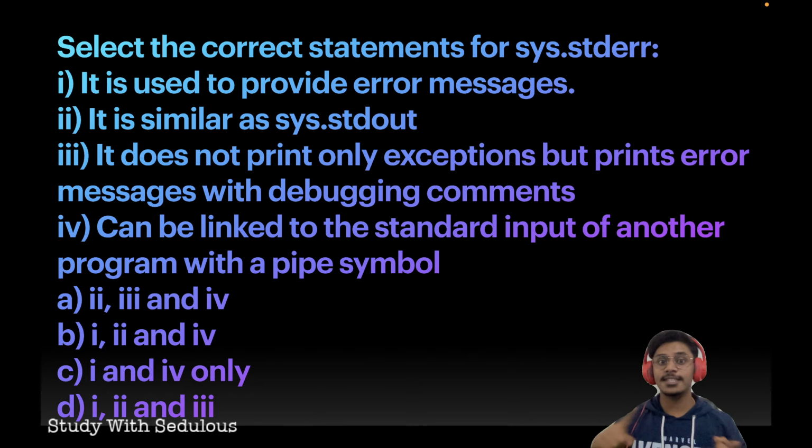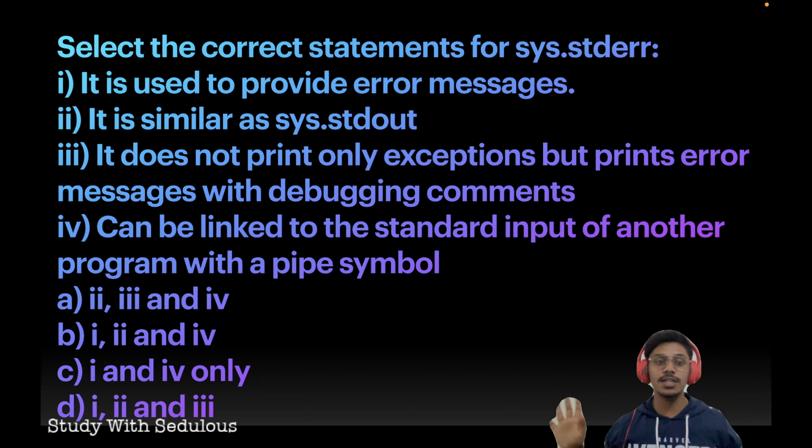It is similar to sys.stdout. Option 3, it does not print only exceptions but prints error messages with debugging comments. D for debugging and ERR for error, so that could be a possible option. So 1 and 3 are there. Then option 4, can be linked to the standard input of another program with a pipe symbol. We don't know. So 1 and 2 are for sure there.